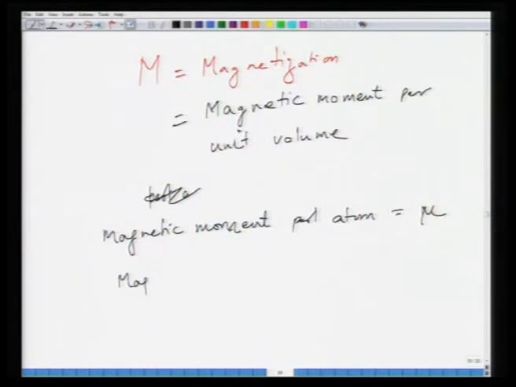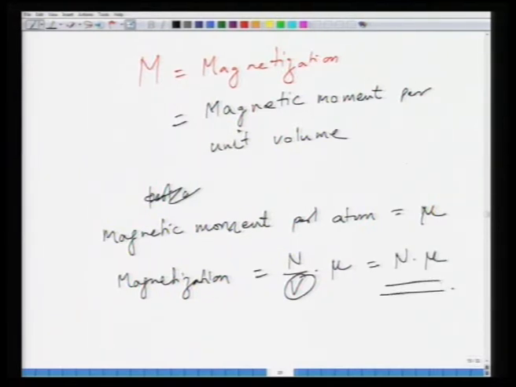So, the magnetization of the material will be the number of atoms per unit volume multiplied by mu. So, if this is unit volume, you can take it as n multiplied by mu. So, this is how you get the total magnetic moment per unit volume. Magnetization is nothing but the total magnetic moment per unit volume of the material. So, this is the relation between magnetization, which is a macroscopic quantity, and magnetic moment, which is the microscopic quantity. Okay. And these two are related by the number of atoms in a material.